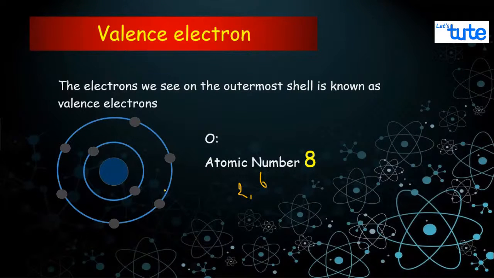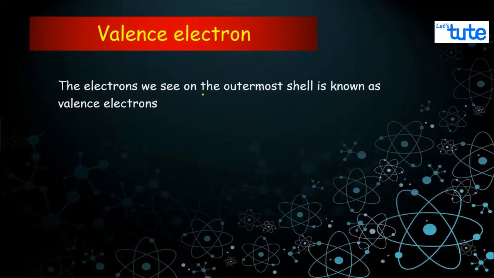The number of electrons in the outermost shell of oxygen is 6, so oxygen has 6 valence electrons. Try to understand the concept of valence electrons first, then I'll explain what valency is. Both are different things. Valence electrons is nothing but the number of electrons in the outermost shell.